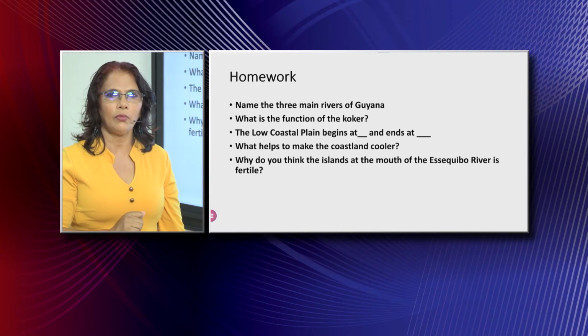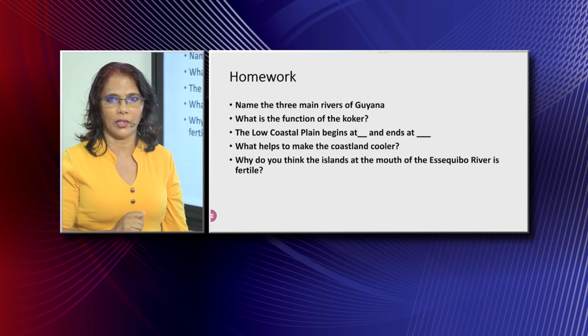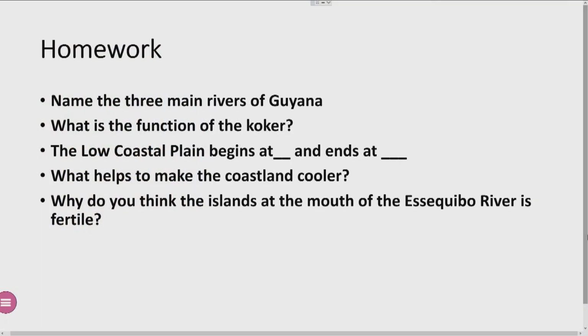Homework. Name the three main rivers of Guyana. What is the function of the coker? The low coastal plain begins at and ends at.